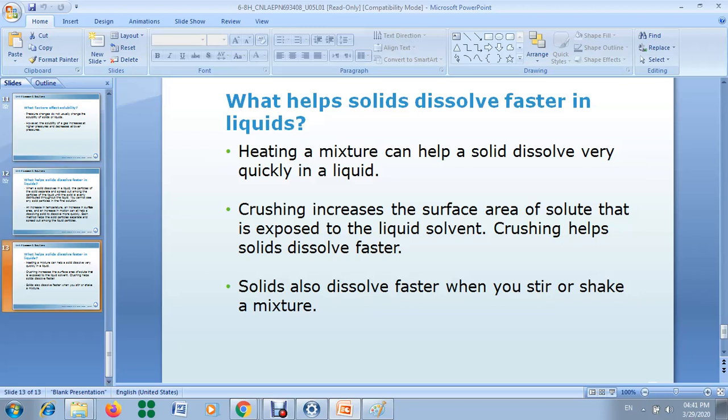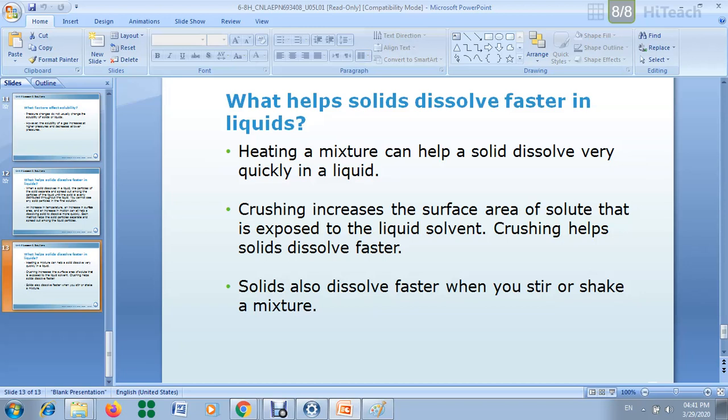The second one, we said, is an increase in surface area. How to increase the surface area? You have to make the particles smaller. I'll give you two examples. If you have sugar cubes and you have powder sugar, which one do you think will dissolve faster?